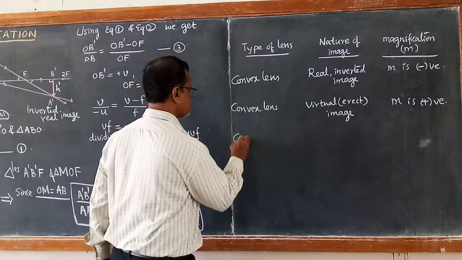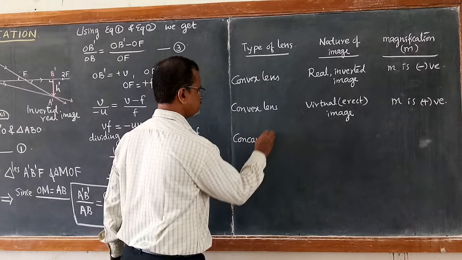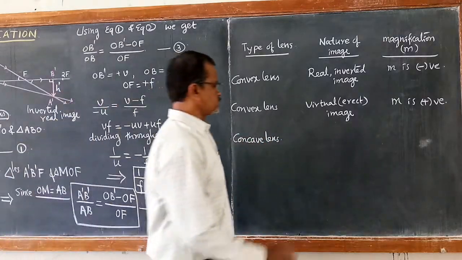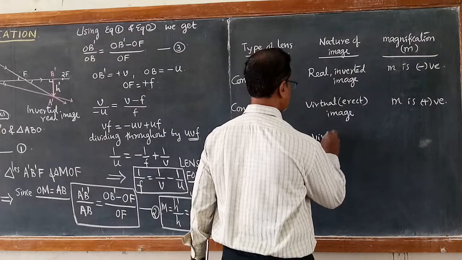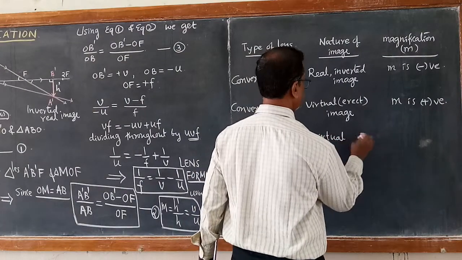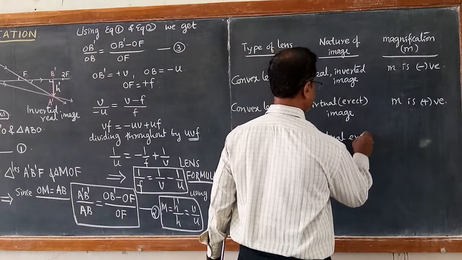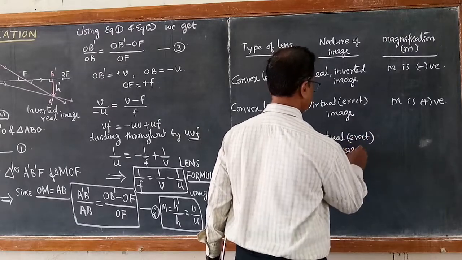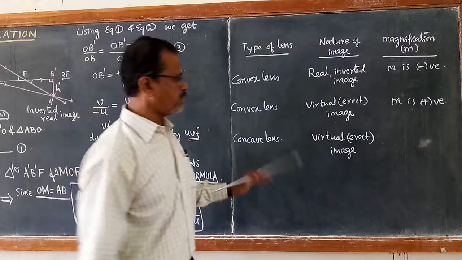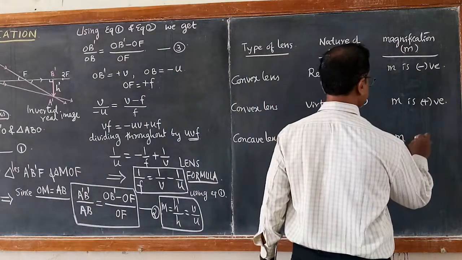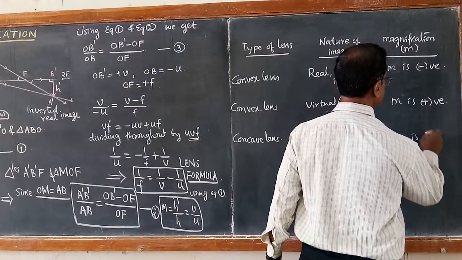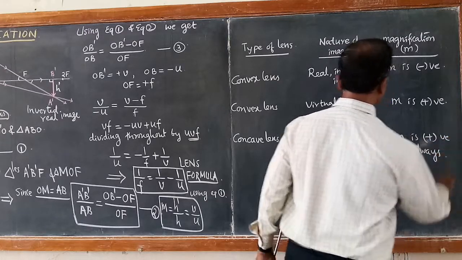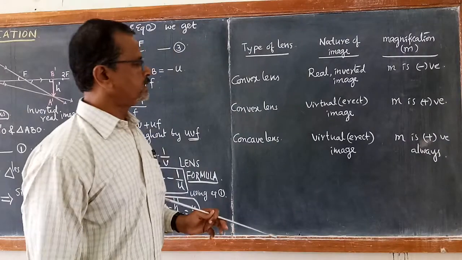For concave lens, remember the concave lens always forms virtual erect image only. Virtual erect image. So M is always positive. So these are the three things to be remembered.